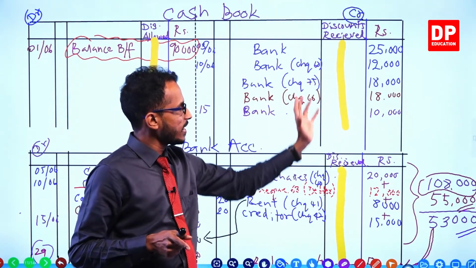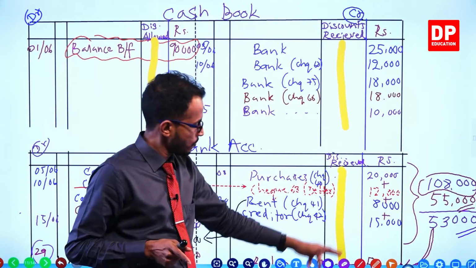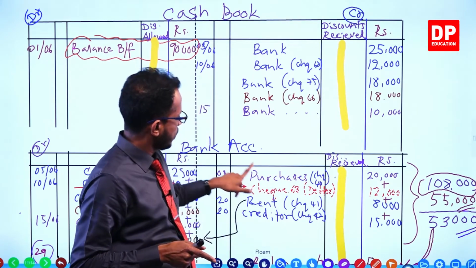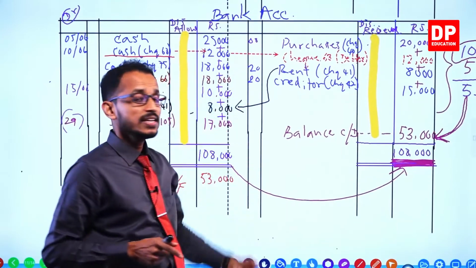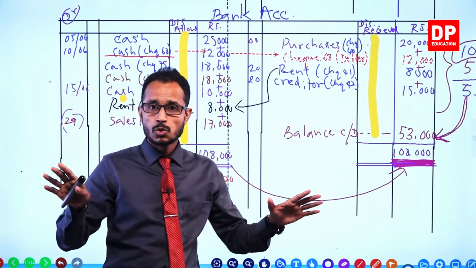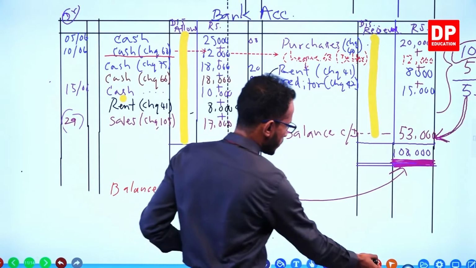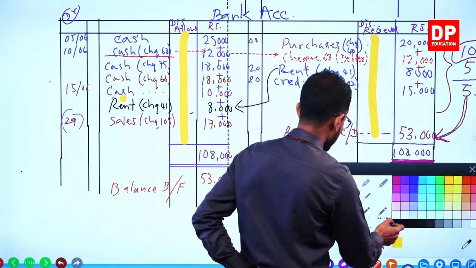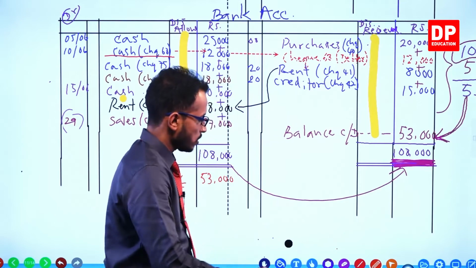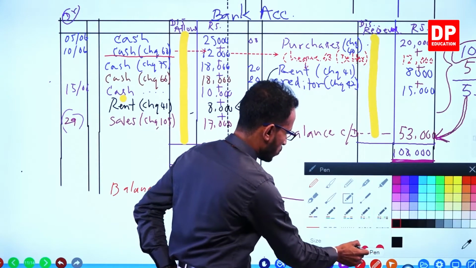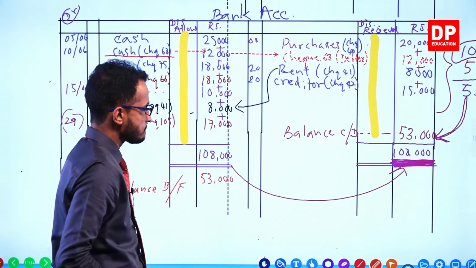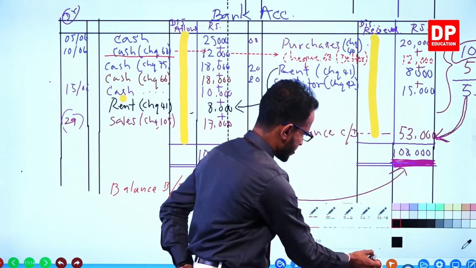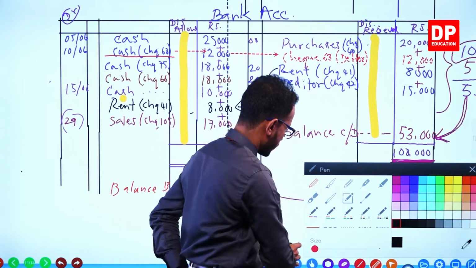The sum total, or the addition of the discount columns, should be transferred to the relevant discount account. That's all. Now in this exercise, children, we don't have any discounts.